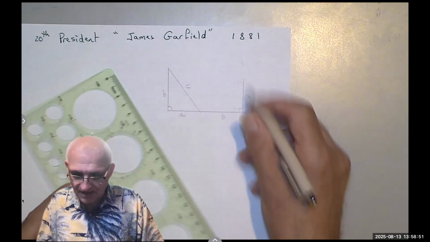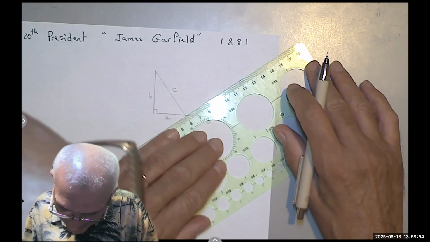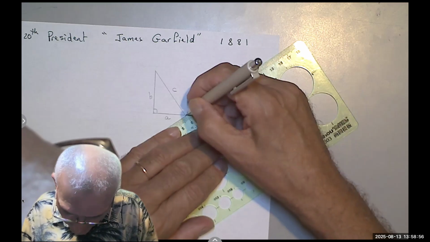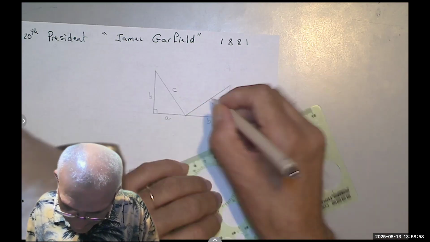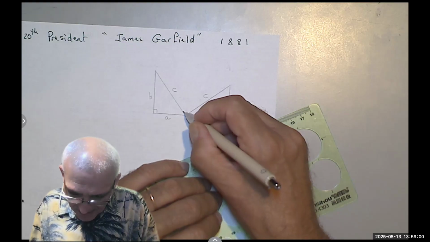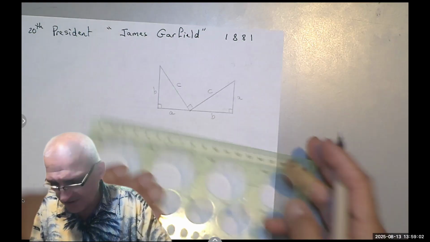So that stays 90 degrees. And he connected that. So that, of course, would also be C, right? And this angle would be 90 degrees. You can prove that easily. You don't even have to spend much time to show that this angle is 90 degrees.